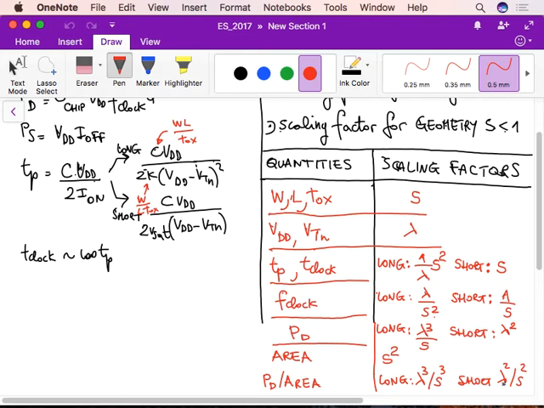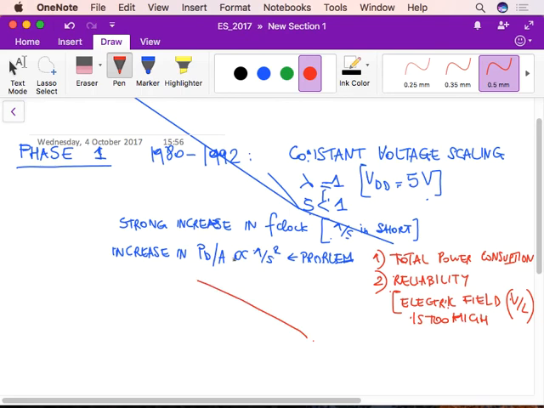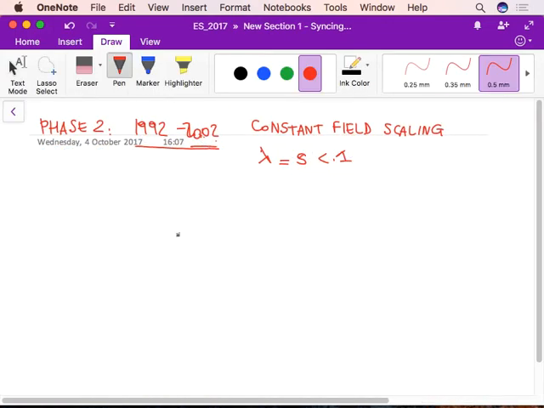So this was the easy evolution of CMOS technology, for about 10 years.